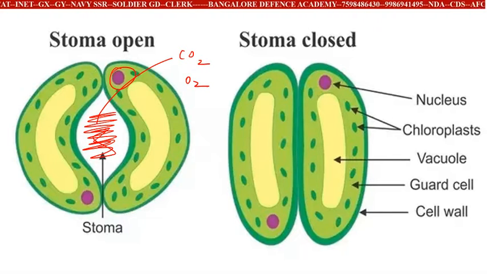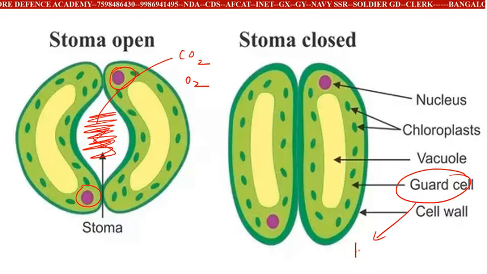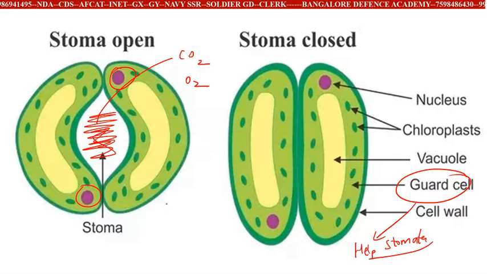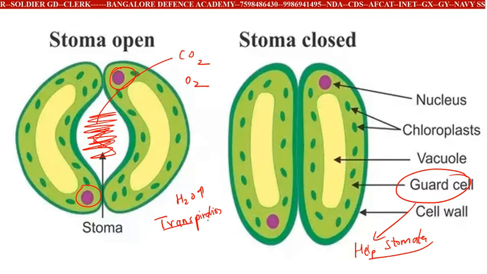This violet thing is called the guard cell, which helps in opening and closing of the stomata. Whenever it opens, the water vapor goes out, and that is called transpiration.